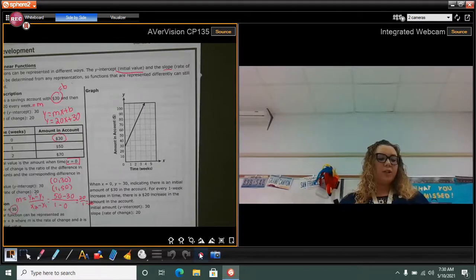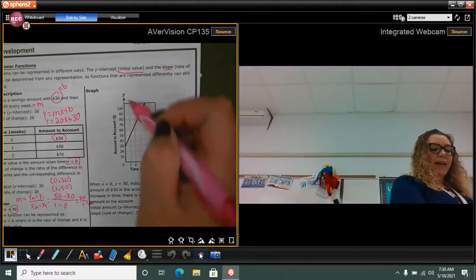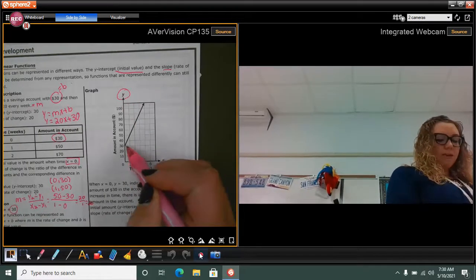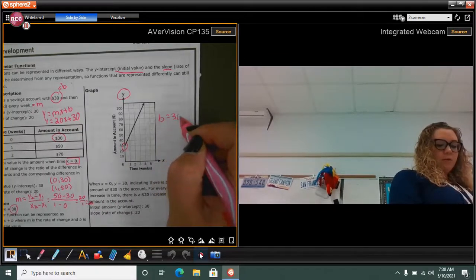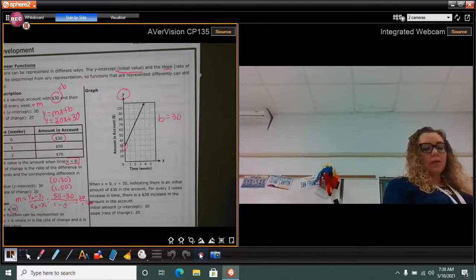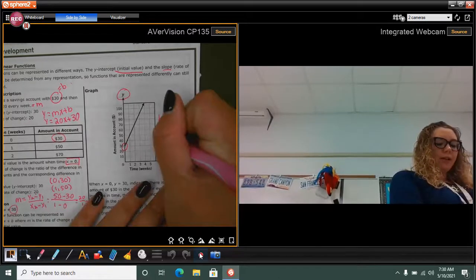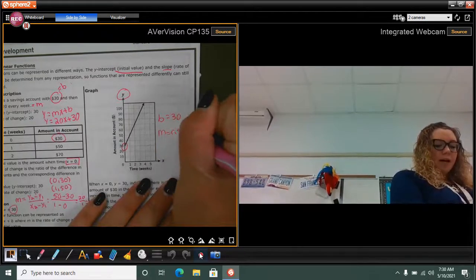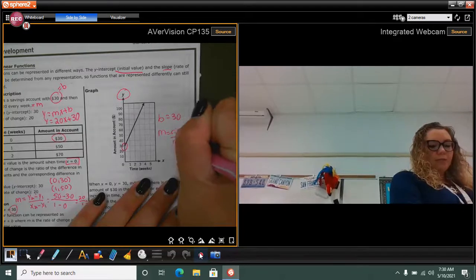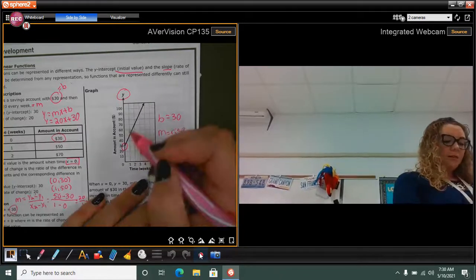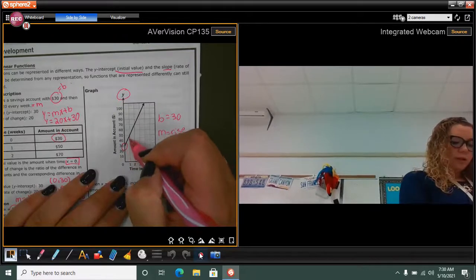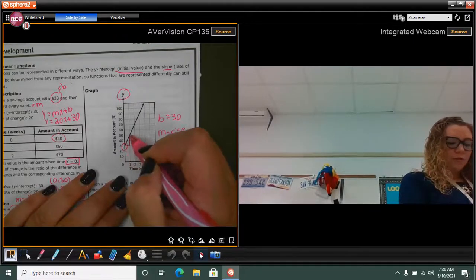Your y-intercept is where it crosses your y-axis. Where does it cross my y-axis? 30. And then your slope is going to be rise over run. Is this going to have a positive slope or a negative slope? A positive, because I'm increasing left to right. So I'm going to draw my little triangle, making sure it goes through a whole number.